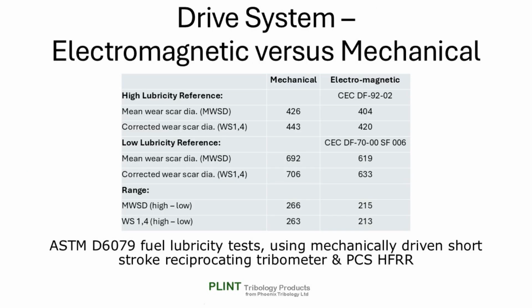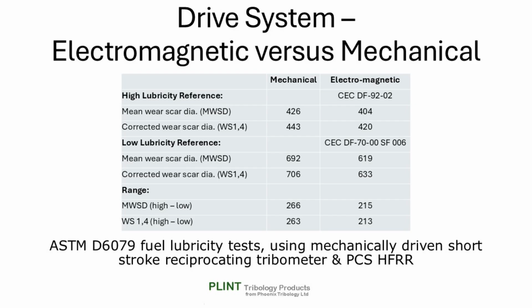Tests using a mechanically driven short-stroke reciprocating tribometer showed that such devices consistently produce a larger wear scar than the PCS HFRR instrument. The difference in wear scar size is particularly marked for the low lubricity reference fluid.